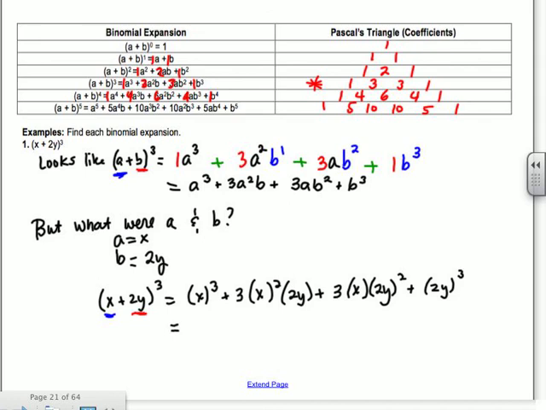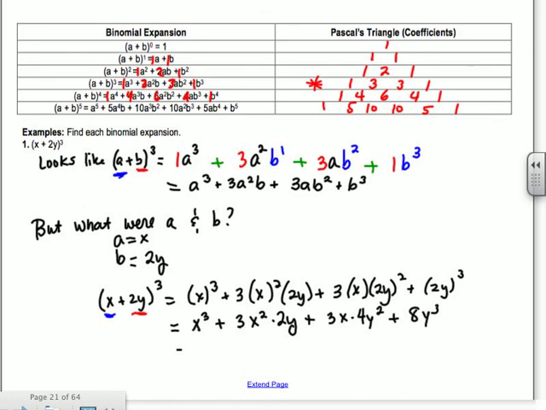So if you're simplifying, you get x cubed plus, notice how this is going to be 3x squared times 2y. We'll do it in the next step. This will be 3x times, what's (2y) squared? So 2y in parentheses squared. 4y squared. Be careful, that's where people will usually mess up. Plus, and then what's (2y) cubed? 8y cubed, right.